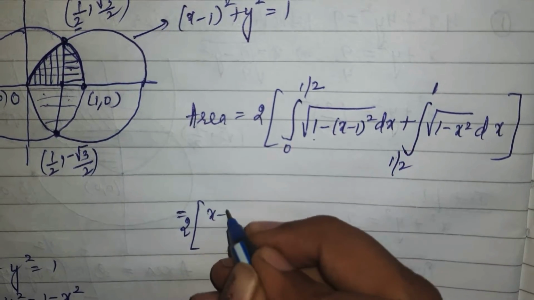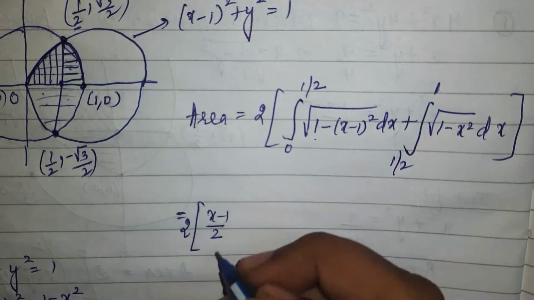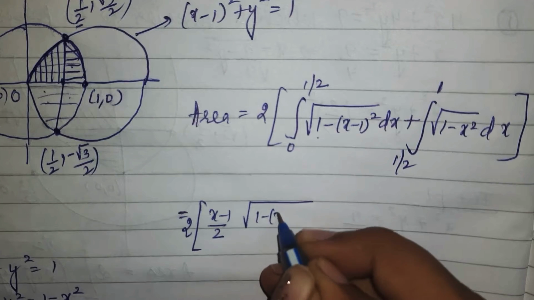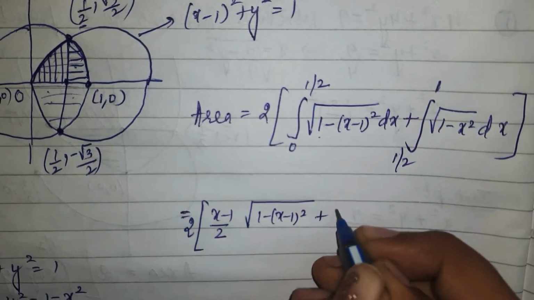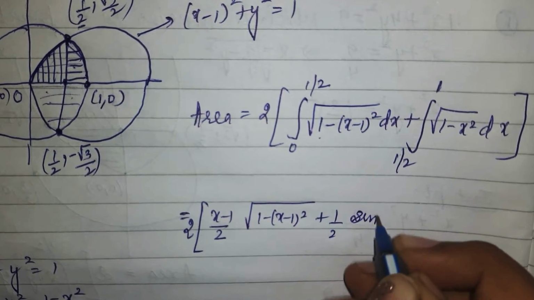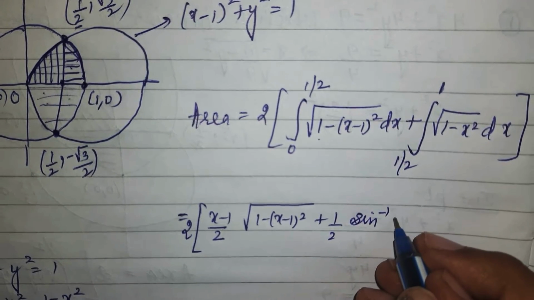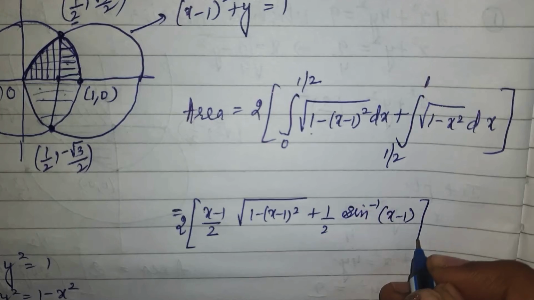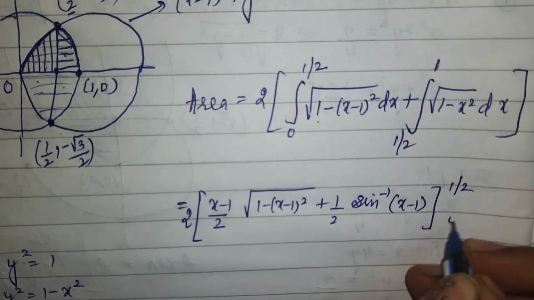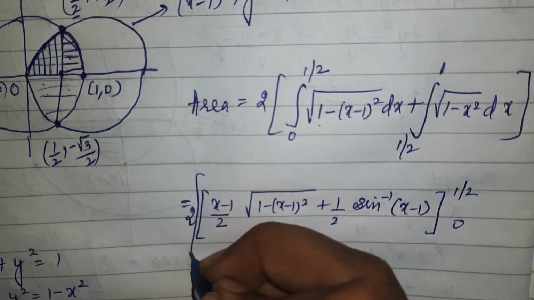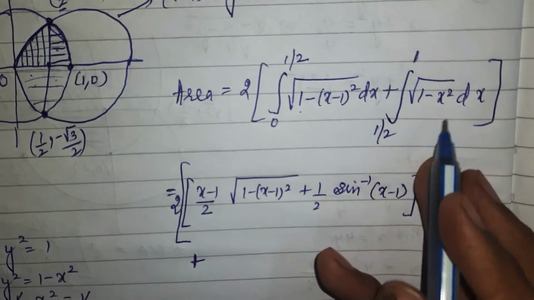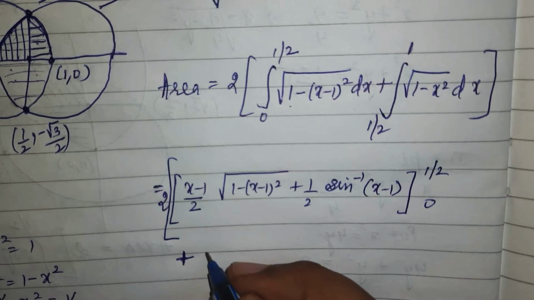So x minus 1 by 2, that means x by 2, under root, this will remain the same term. Then 1 by 2 sine inverse x by a, that means x minus 1. Then you will apply the limit, upper limit minus lower limit. Then you will have plus a square minus x square. Again you need to do the same thing.